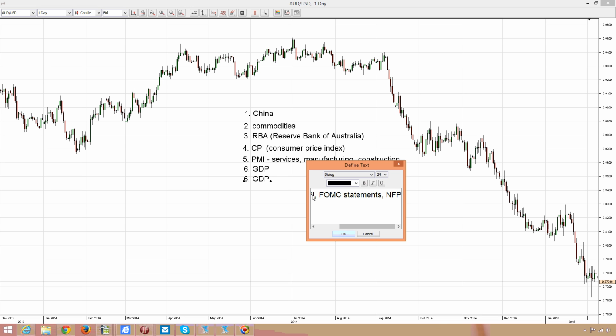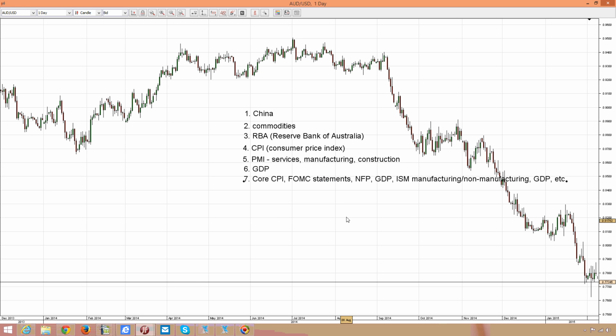We have the non-farm payrolls, the GDP, the ISM manufacturing, and even the non-manufacturing. What does it represent? ISM manufacturing and non-manufacturing basically represent the PMIs. Of course, the durable goods orders, the GDP, and so on and so on.